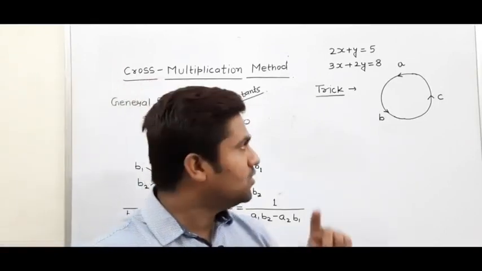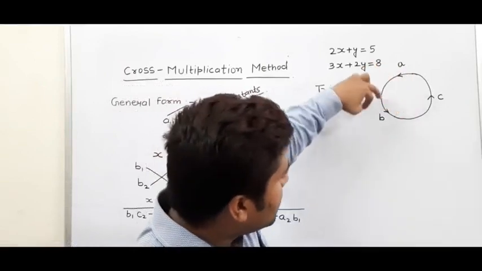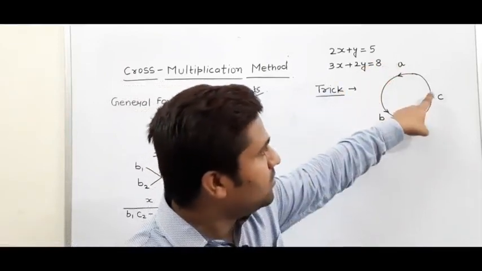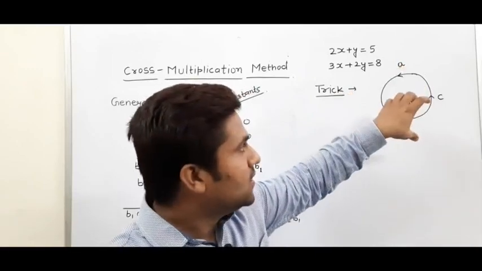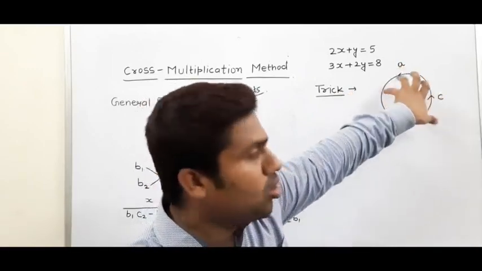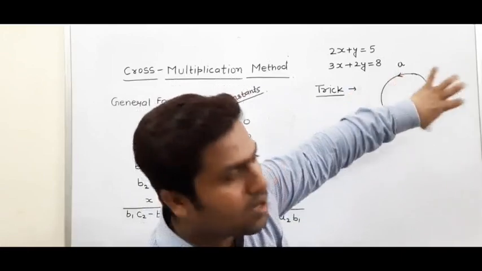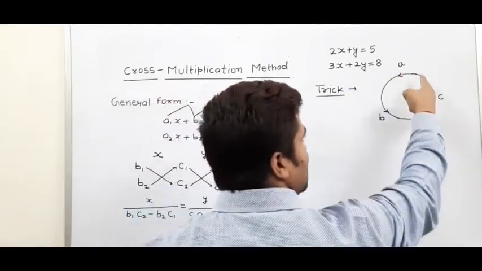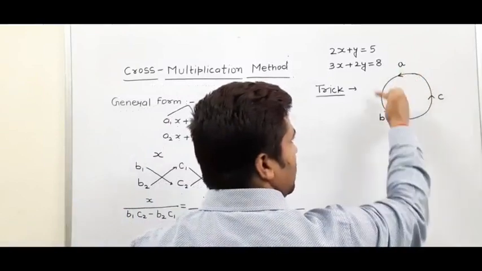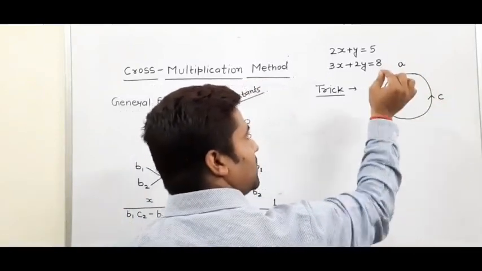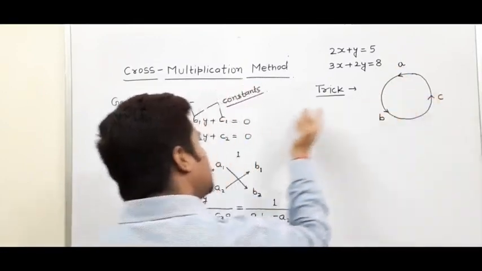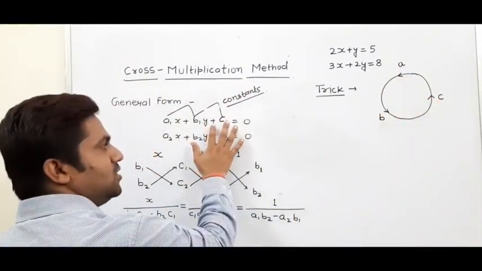What to do? You just have to make a circle, okay, that is shown with 3 different arrows. It may be in anti-clockwise or it may be in clockwise direction as per your choice. Okay, so I have selected the 3 arrows in the anti-clockwise direction, and also keep the variables in the form of ABC here, but actually these all are the constants in the given pair of linear equations in 2 variables.